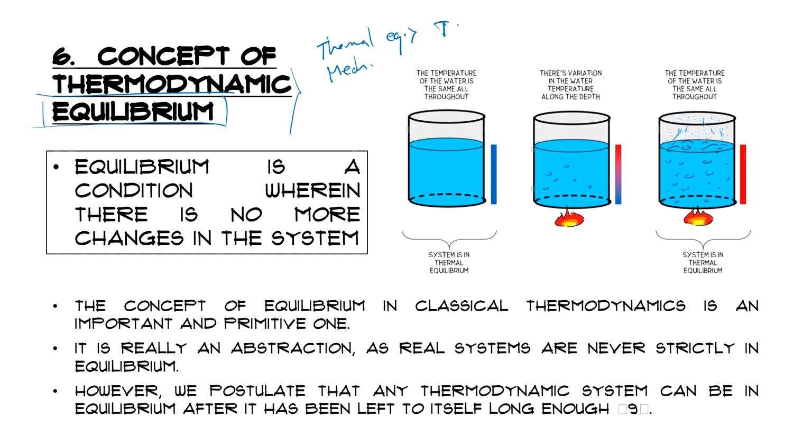Then in terms of mechanical equilibrium, we say that the pressure is not changing anymore. And then we also have other equilibrium, like the phase of the substance. Let's say it's purely a liquid, it's not changing to vapors, so there's not a mixture actually.